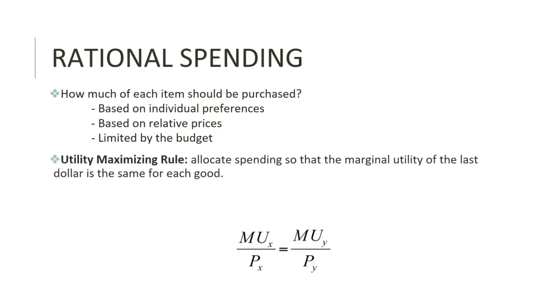So our utility maximizing rule says that we are going to allocate spending so that the marginal utility of the last dollar is the same for each good, which means we are going to figure out basically marginal utility per dollar.